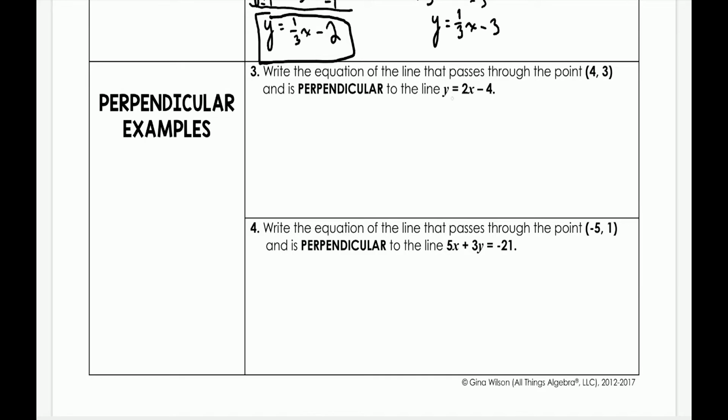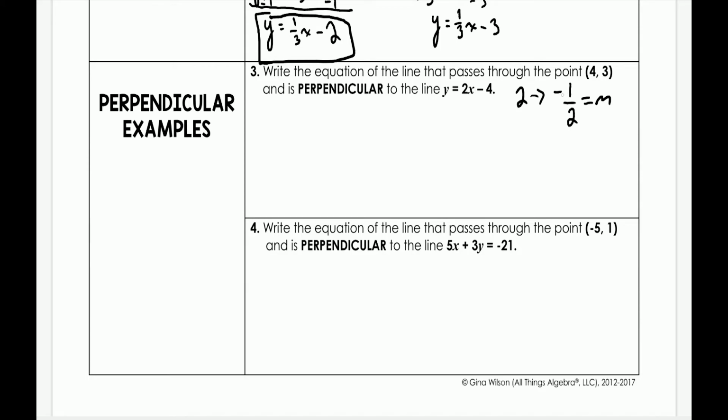So if we're given the slope 2 for our given line, what would be the slope of our perpendicular line? We're going to take 2 and write the negative reciprocal. So we're going to flip it and make a negative. So we have negative 1/2, and that right there is going to be our slope for the perpendicular line.